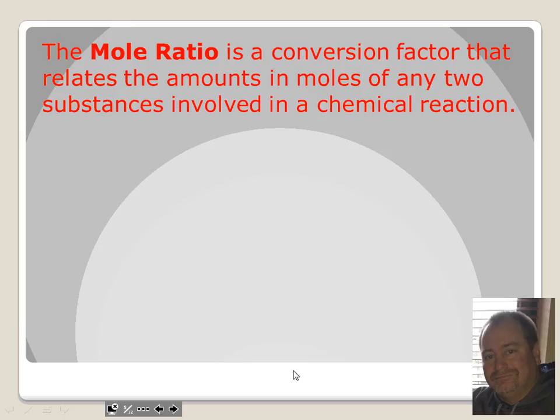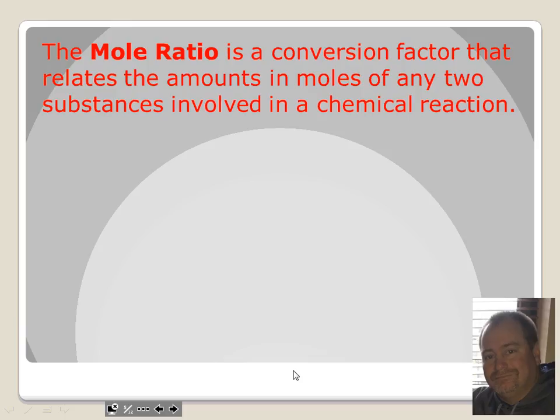Now we could even go further to say it has to be a balanced chemical reaction, because if it's not balanced correctly, the mole ratio is not going to be correct.